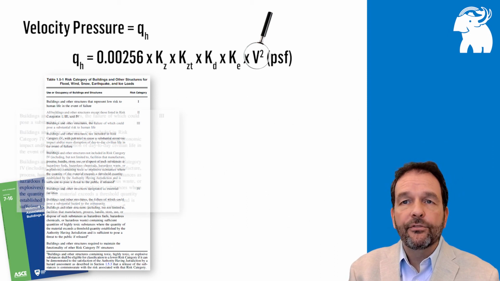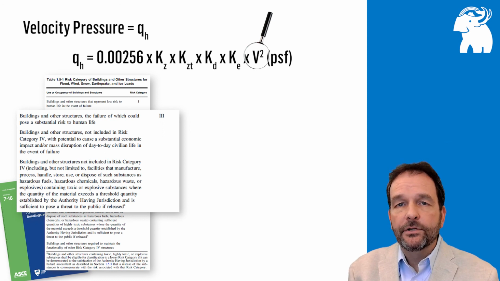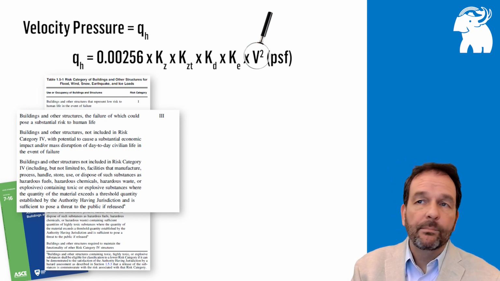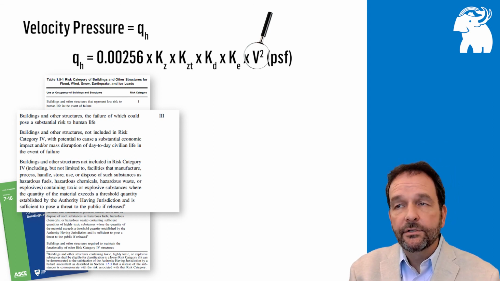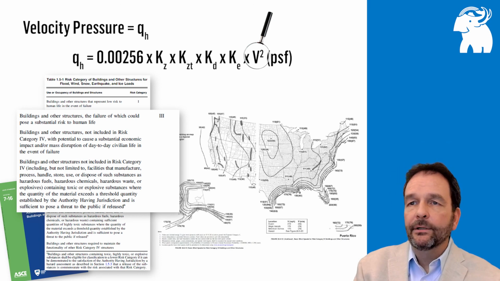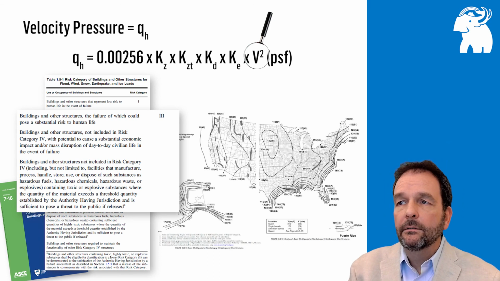Risk category 3, the definition here is a little broader, and the discussion here is more around buildings that represent a substantial risk to human life. And you can read through here more specifically some examples. But that map includes less probability.